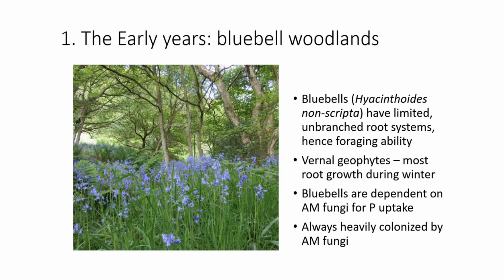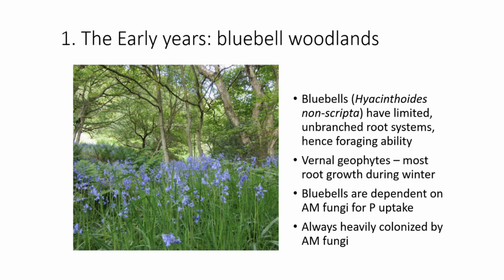They're vernal geophytes, so most of their growth is not during the summer, and so they're a niche that's available to soil microbes during the winter, which is quite unusual. Because of their, frankly, rather rubbish root systems, they're very dependent on arbuscular mycorrhizas for phosphate uptake.